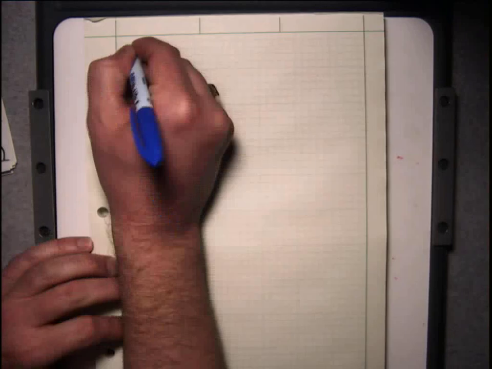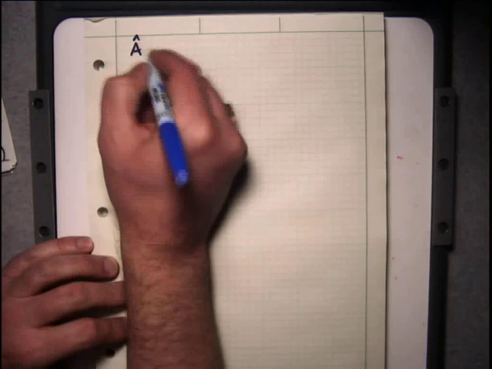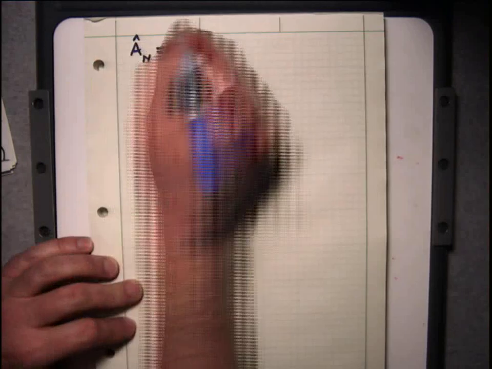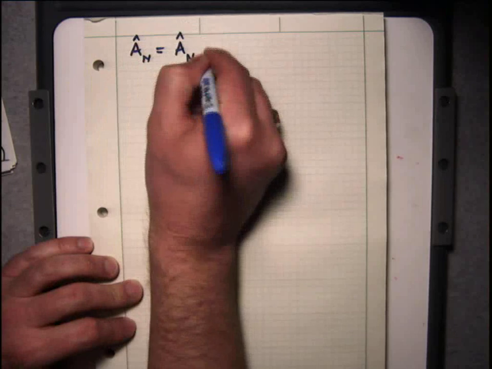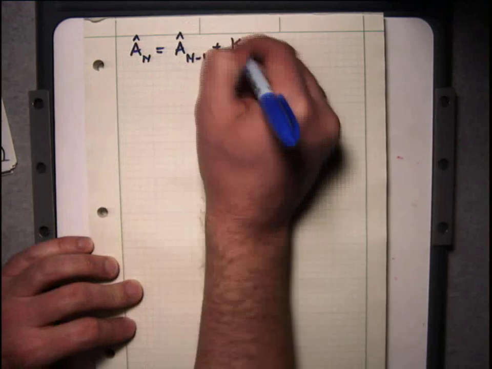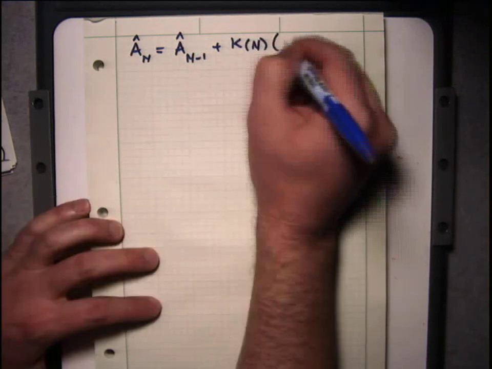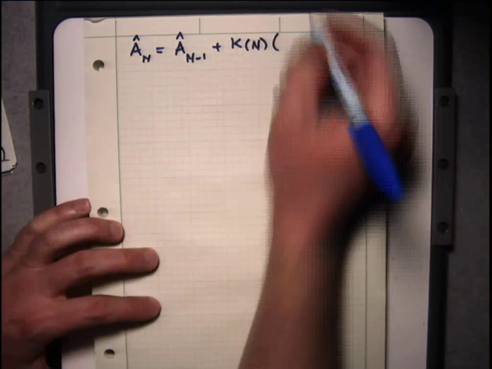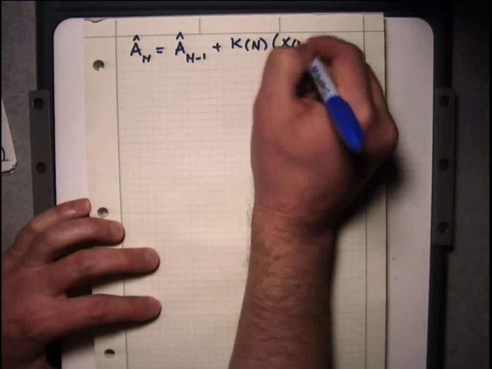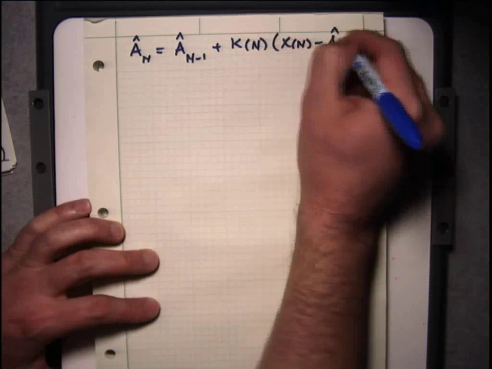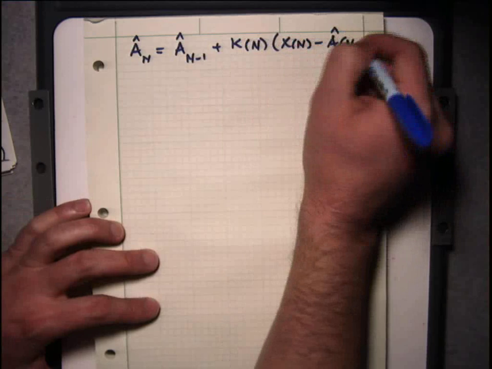So a hat after n samples is a hat n minus 1 plus k of n, which is what I call the gain. In this case, it was 1 over n plus 1, times x n minus a hat n minus 1.